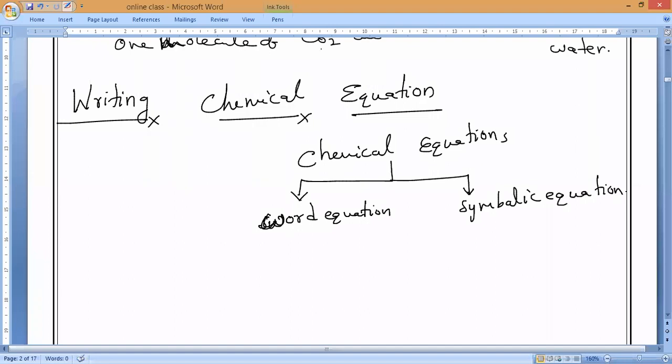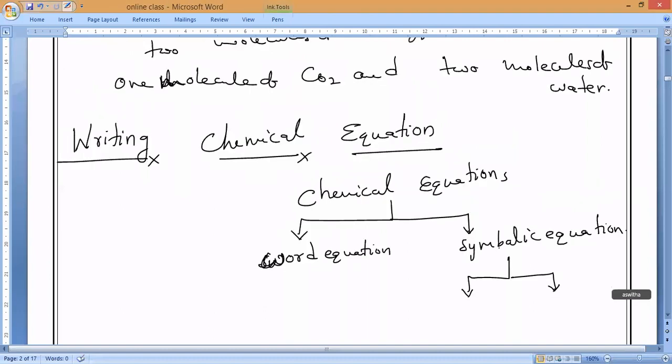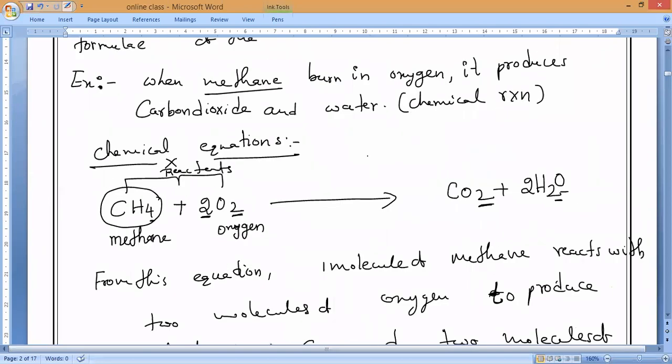Yes, sir. Now also notice it. The symbolic equation again has two types. For example, what equation am I writing? I am writing CH4 plus O2 gives you what, Pradosh? CO2 plus H2O. Understand? Now you notice it's not balanced.